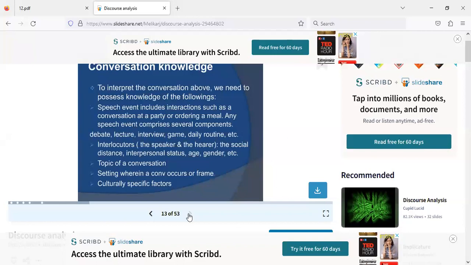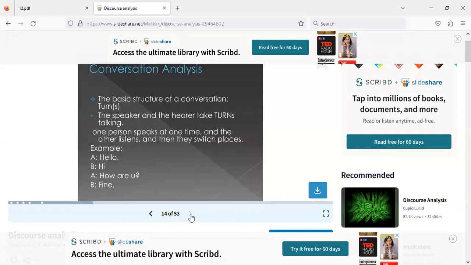Then also the topic might be very informal or sometimes formal, right? The topic also we would consider. Then the setting where the conversation occurs, or the frame of it, the situation where it occurs. Then culturally specific factors, like the people with the mini culture or the subculture, right?